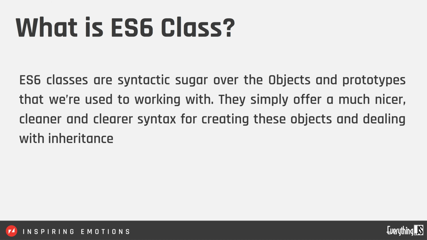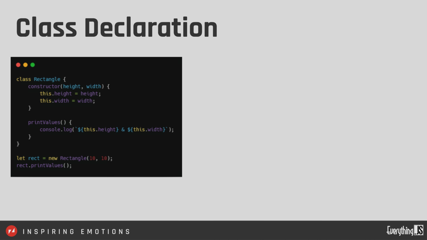Right. So this is how we are going to declare a class in the ES6 way. You have to use the class keyword to declare a class. This is the class name, and obviously we have a constructor, and we can use methods inside this.